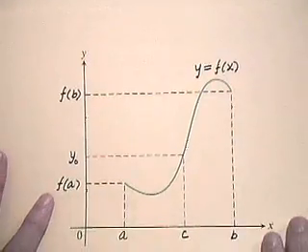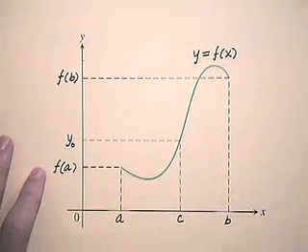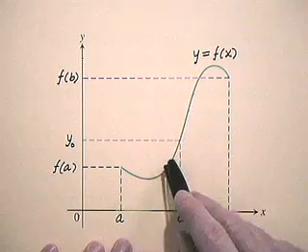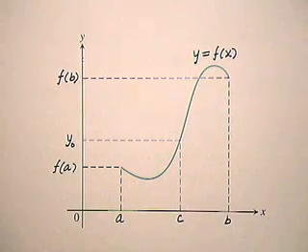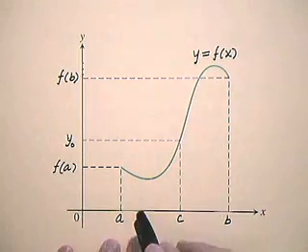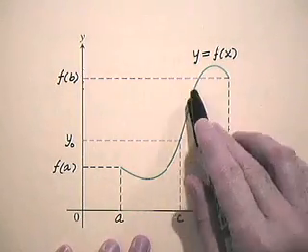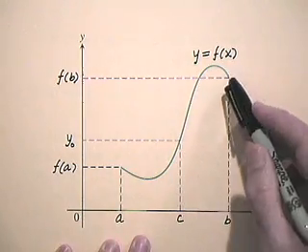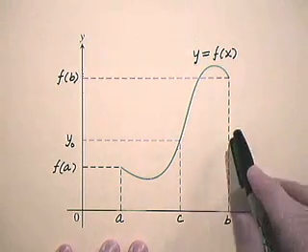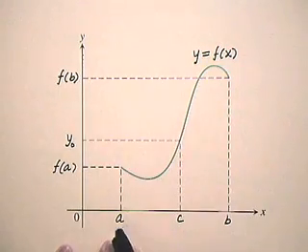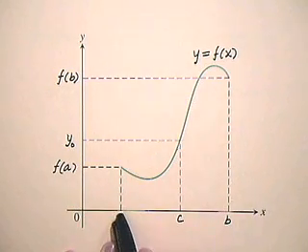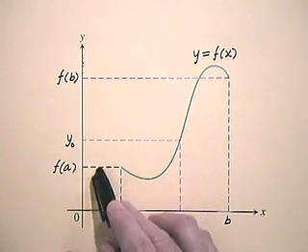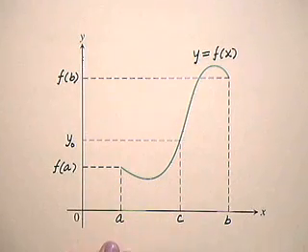Let's look at a picture. Here I see a graph of a continuous function, and we know intuitively the idea of continuity for a function means there can be no breaks in the graph. And so here at the point b, we have the value f of b. At the left edge of the domain interval, we have the point a, and over here on the vertical axis f of a.